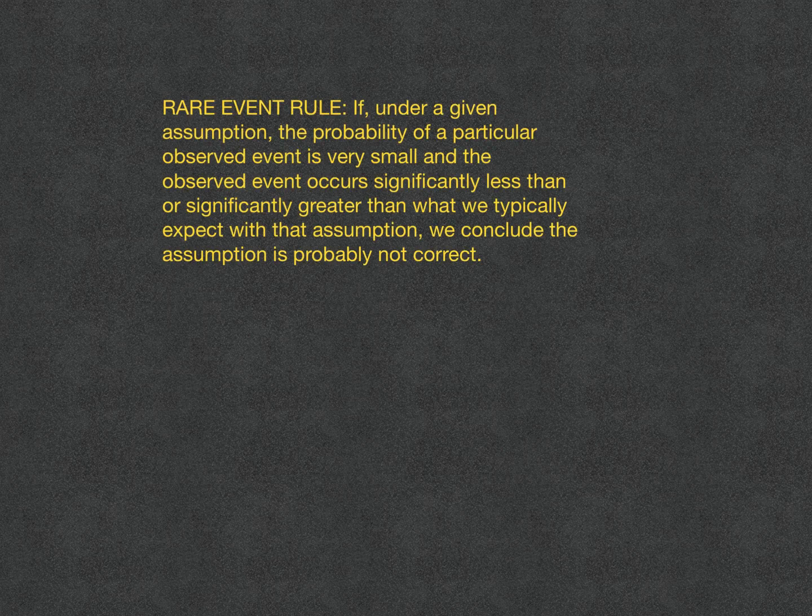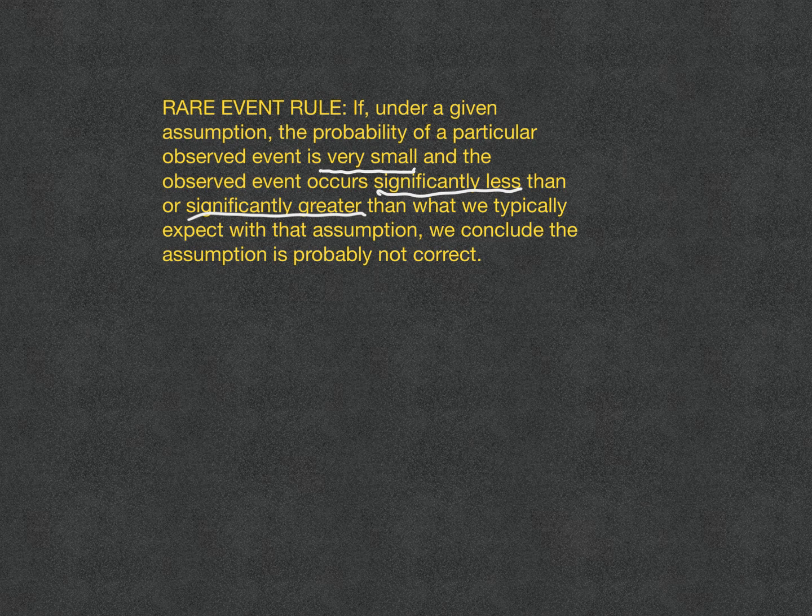Okay, so let's talk about the rare event rule. And there it is, the rare event rule. If, under a given assumption, the probability of a particular event is very small and the observed event occurs significantly less or significantly greater than what we typically expect with that assumption, we conclude the assumption is probably not correct.